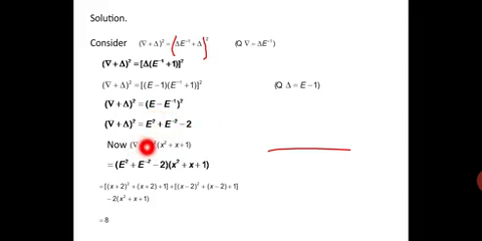Now I will consider the problem. What is that problem? Backward difference plus forward difference, whole square, on the function f of x, that is x square plus x plus 1. What is this backward difference plus forward difference whole square? It is here, I'll substitute that. The function will be as it is. Now if you apply e to each and every term, what will be e square of x square?